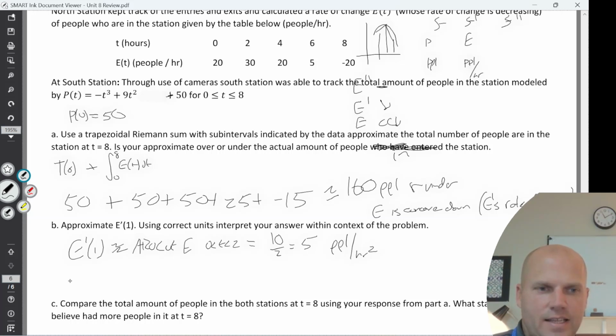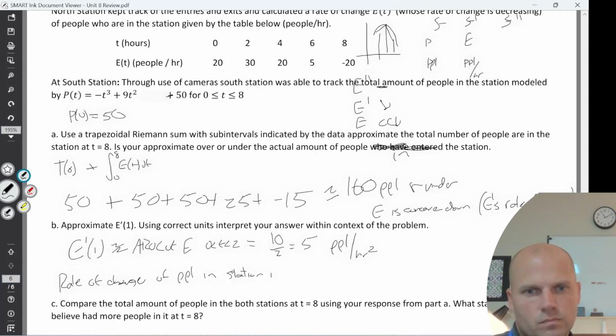This means that the rate of change of people in the station is increasing. Five people per hour squared.